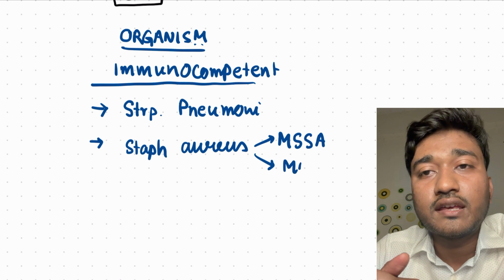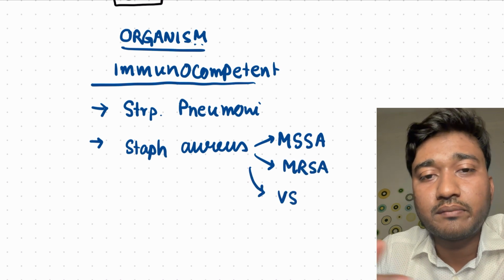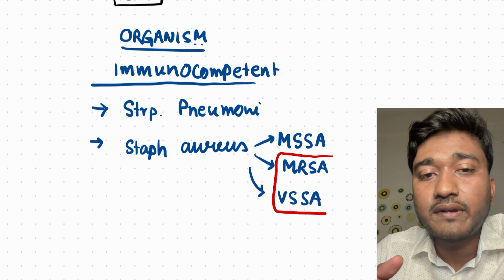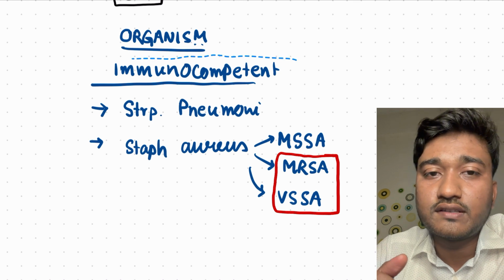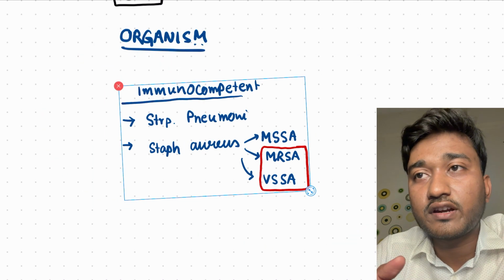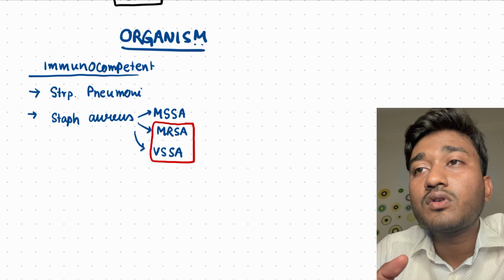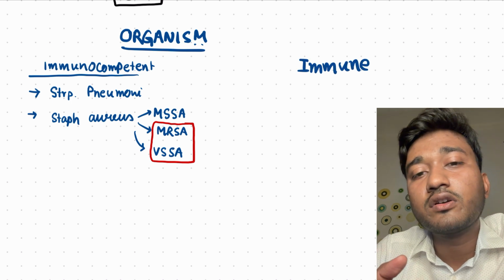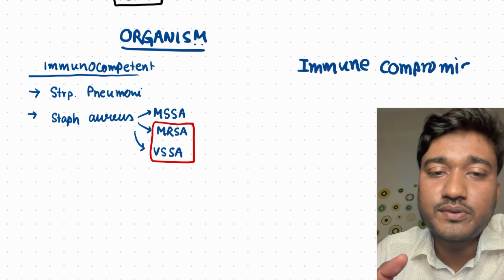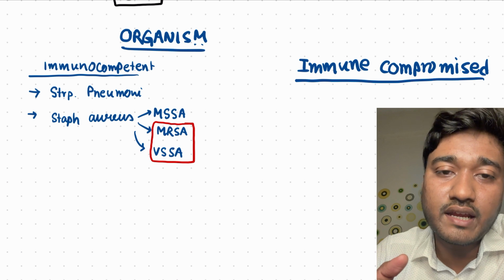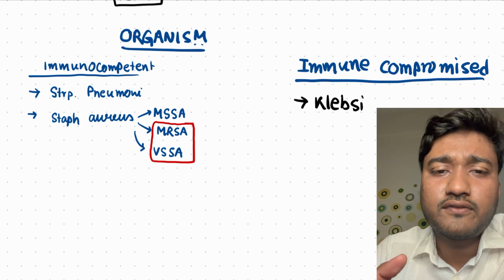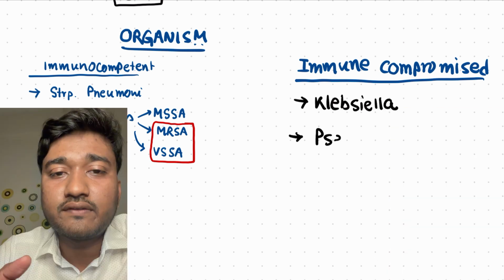If it is hospital acquired, remember the organisms are mostly methicillin resistant or vancomycin resistant, or maybe pan resistant. In immunocompromised individuals, it could be Klebsiella or Pseudomonas. These are mainly gram negative organisms, and in a few cases we can have fungal infection as well.